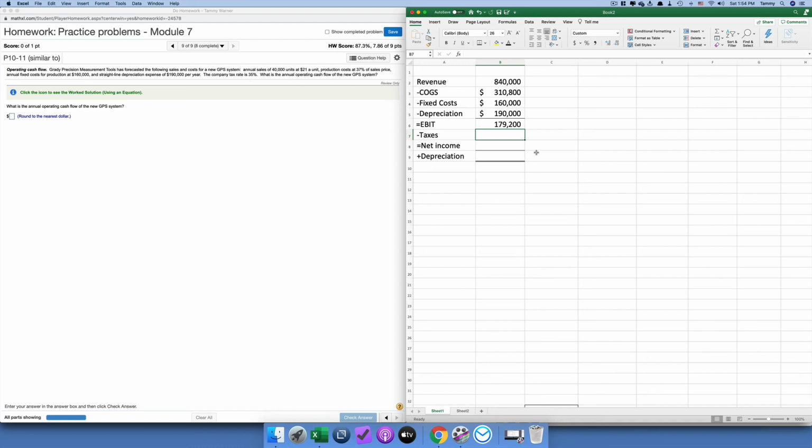Our tax rate is 35%. So that gives us a net income then of 179,200 minus 62,720. And then what we have to do is add back our depreciation expense, because remember, depreciation is not a cash expense.